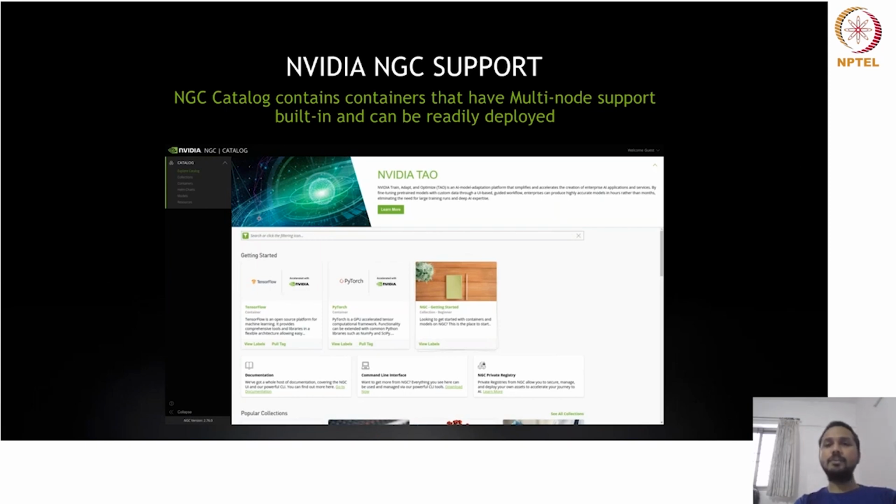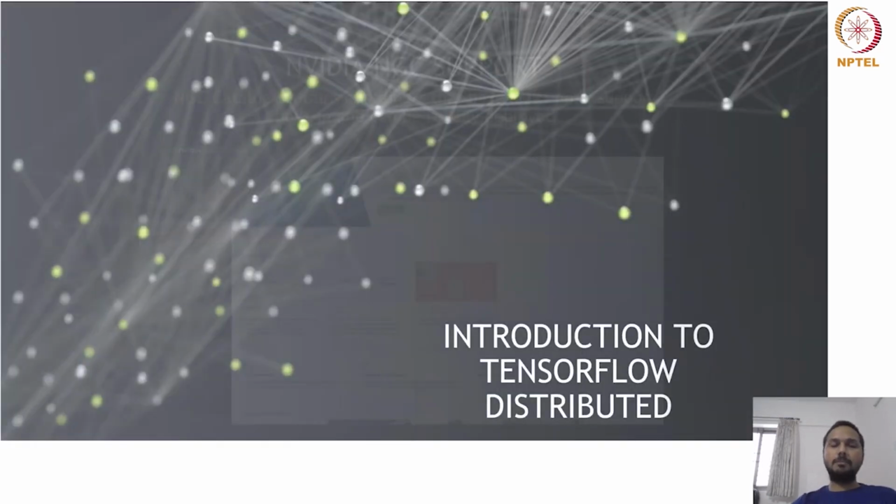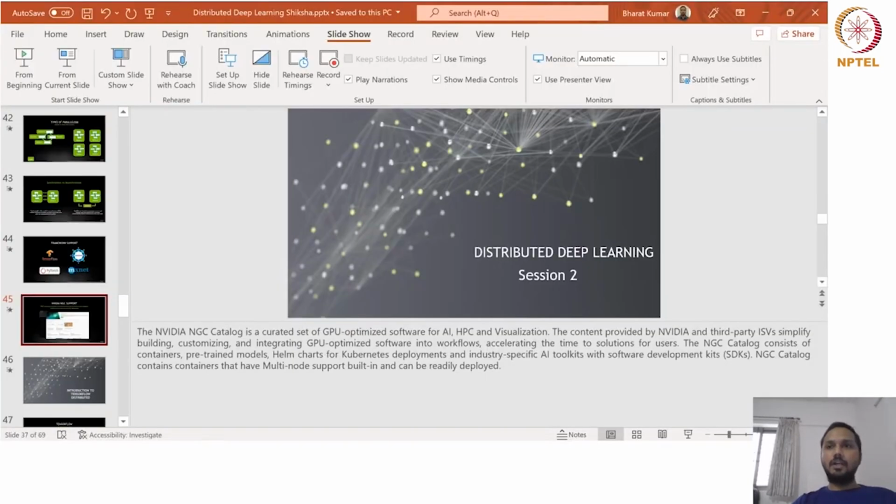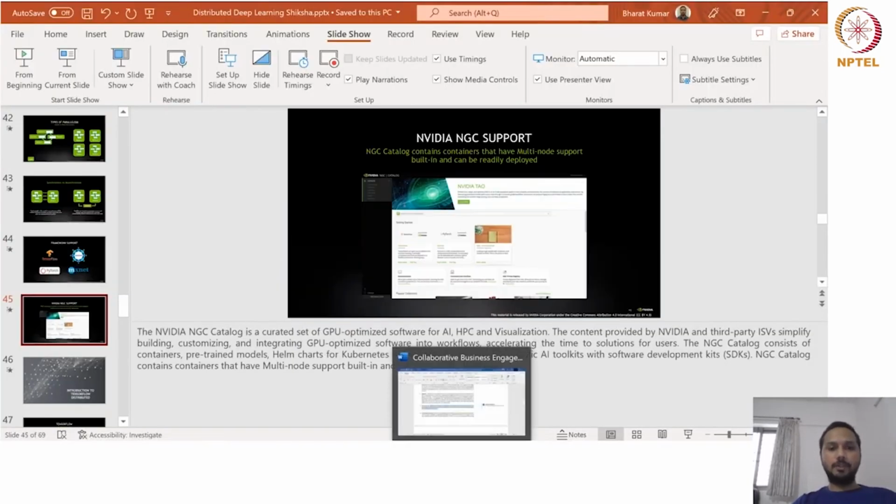We will be using Docker for running this container, and it has been pulled from the NGC repository. So in case you have missed that session, we recommend you to definitely look at the NGC session, which was delivered in session 1. So let me start by showing you a particular demo.